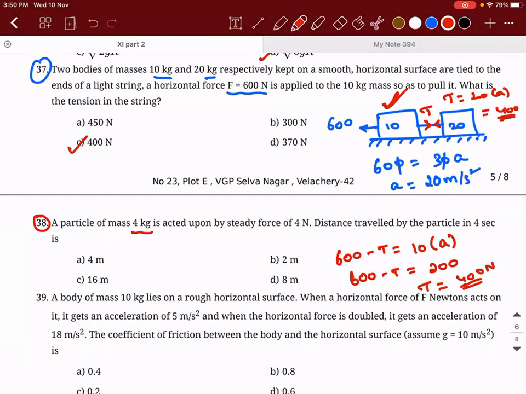So what is the question number? 37, right? Yeah, 400 Newton is right.